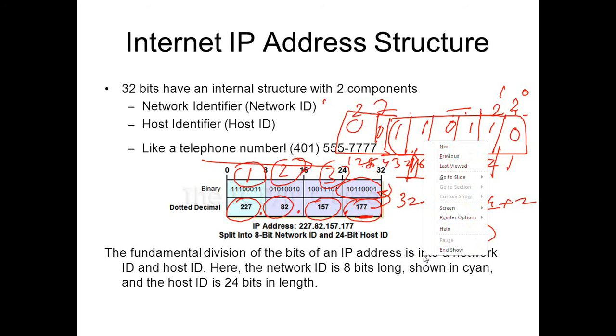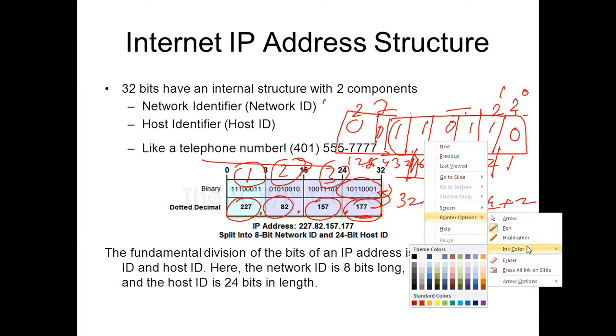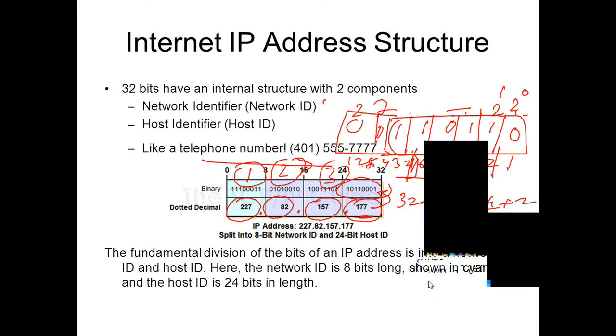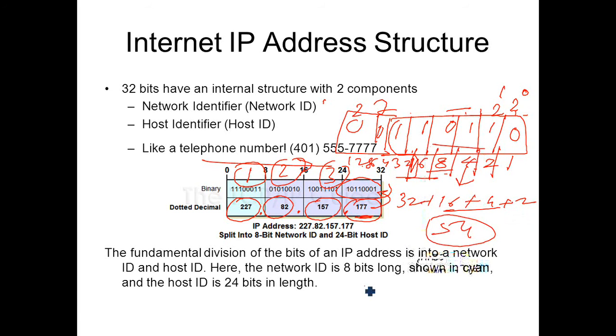This is the first block, this is the second block, this is the third block, and this is the fourth block. Now this entire 4 blocks is generally divided into 2 parts. When we start learning about classful addressing, this is fixed, and when it is classless, it is not fixed. I will talk about that later.